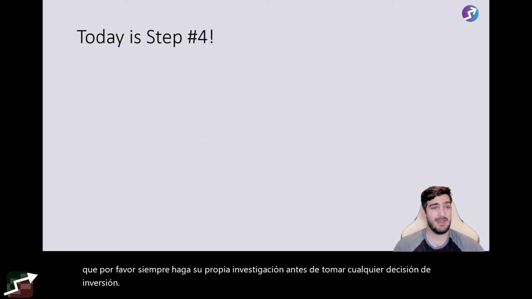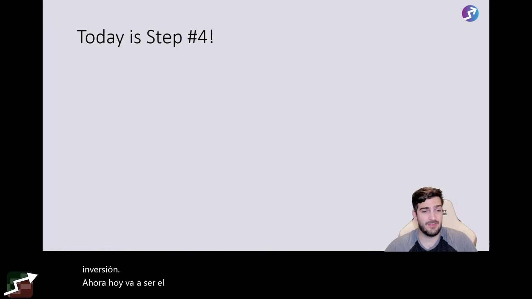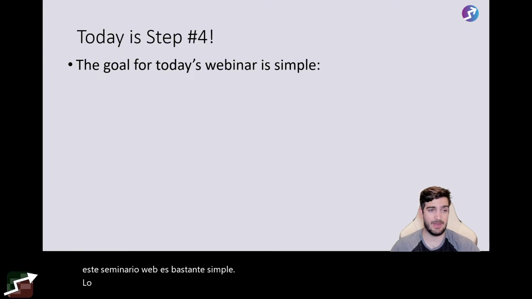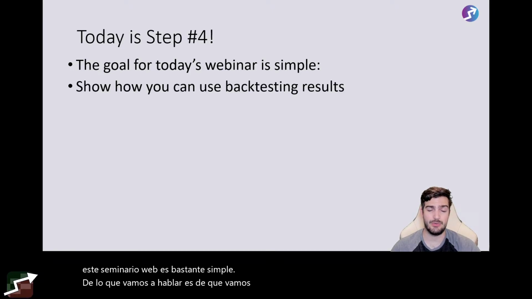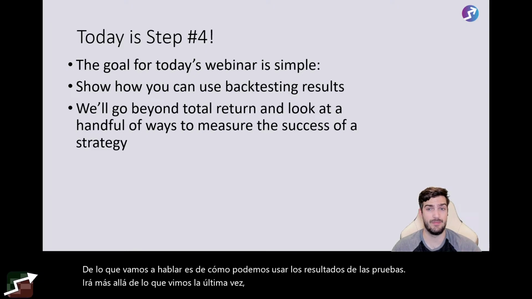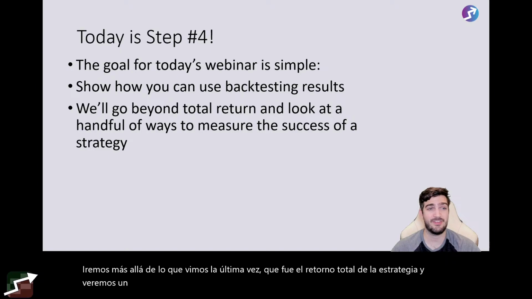Now, today is going to be step number 4 of our Step into Sectors series. And the goal for this webinar is quite simple. We are going to look at how we can use backtesting results. We'll go beyond just what we looked at last time, which was the total return of the strategy, and we'll look at a handful of ways to measure the success of our strategies.